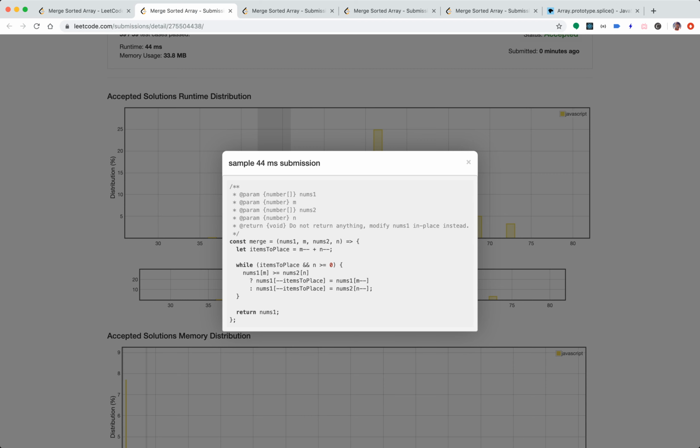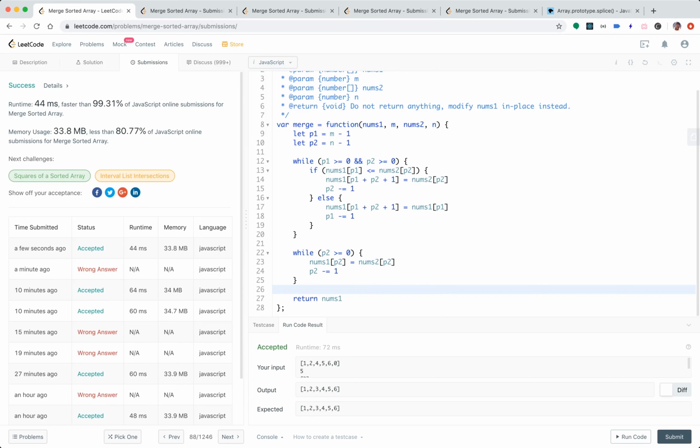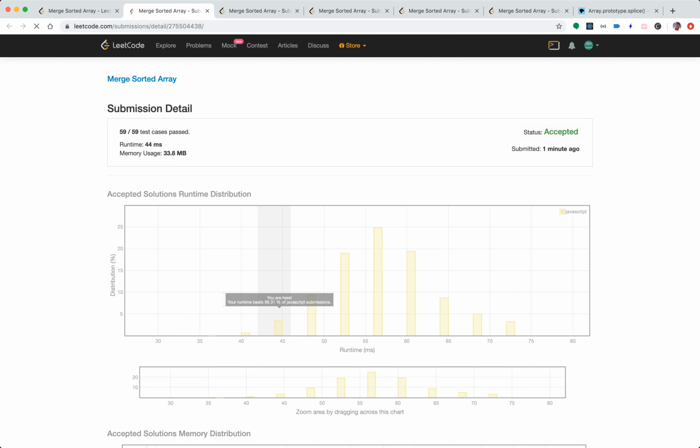So the while, he said the ending condition is items to place. Aha. So the m should be... wow, this guy writes very condensed code.